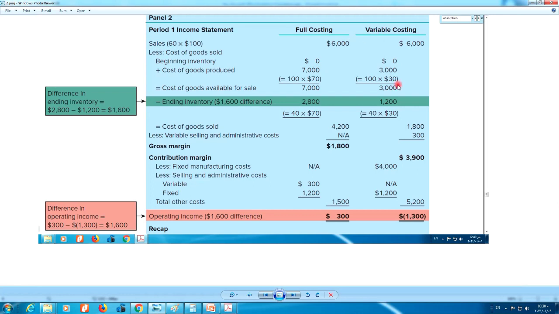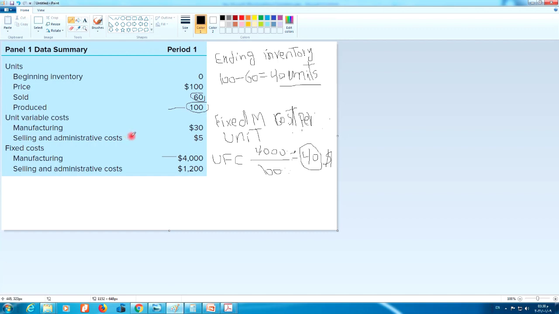Under variable costing, 30 multiplied by 100. The 70 here comes from the variable manufacturing cost, which equals 30, plus the $40 fixed manufacturing cost per unit we have calculated. 30 plus 40 equals 70. Under variable costing we use the variable manufacturing cost only, which equals 30.